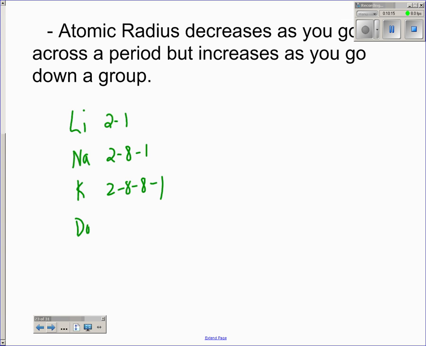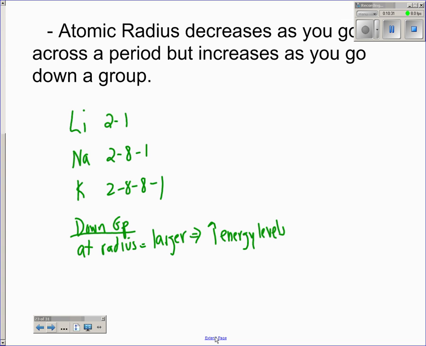What happens to atomic radius? It gets larger. Why does it get larger? Because you have more energy levels or more shells. Lithium has 2 energy levels, sodium has 3, and potassium has 4.